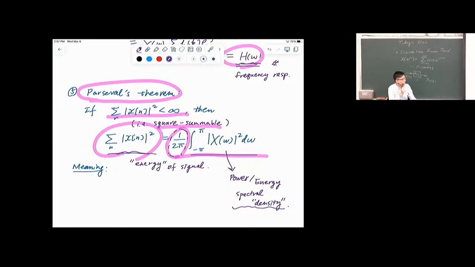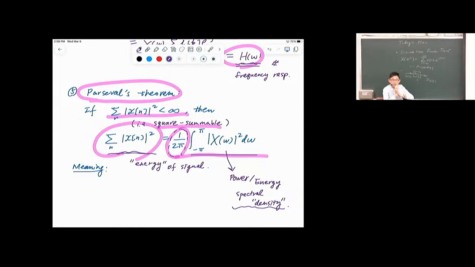So the magnitude square can be thought of as a density of energy. We can talk about how many joule per hertz when we do the conversion. When the unit is made right, then this is really a density of energy.